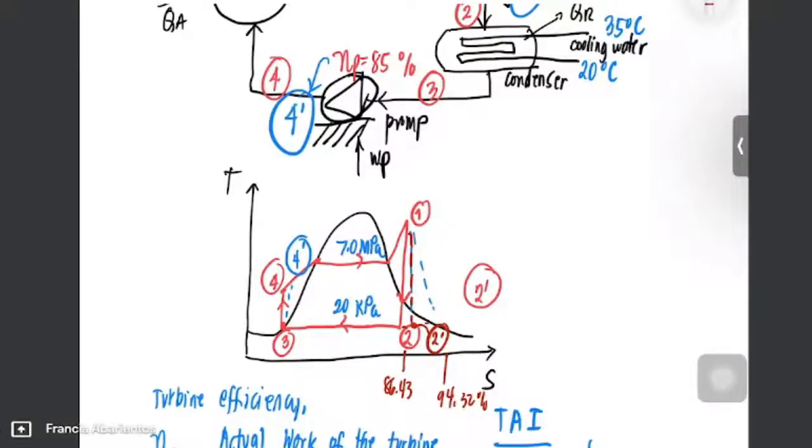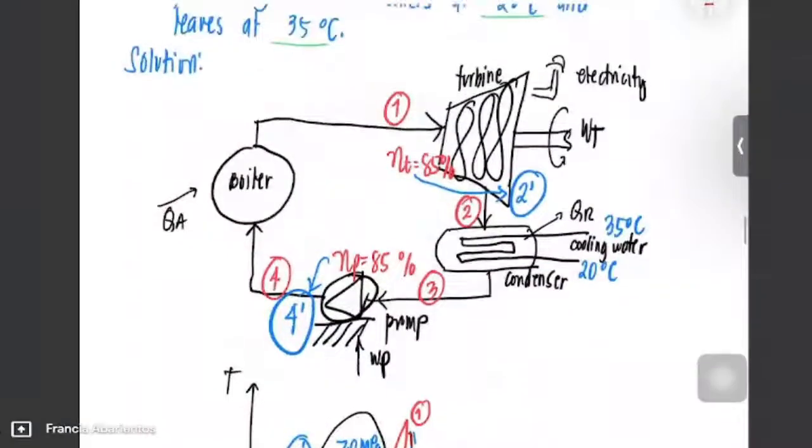Naintindihan ba, class? So you need to not familiarize, but you just need to analyze the problem and take note that the turbine, the condenser, the pump, and the boiler are always the fundamental in a steam power plant.